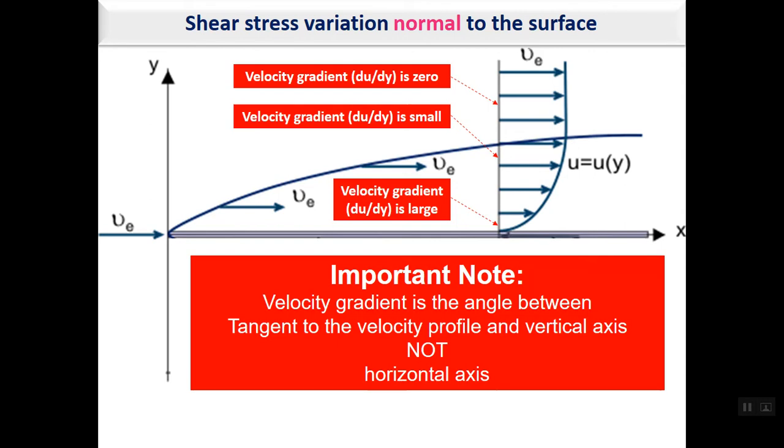Okay, so we want to draw the variation of shear stress normal to the surface. The velocity gradient near the surface is maximum, it will decrease as we go far from the surface, and finally outside the boundary layer it will remain constant. Just one moment, stop the video and try to draw the variation of shear stress normal to the surface.